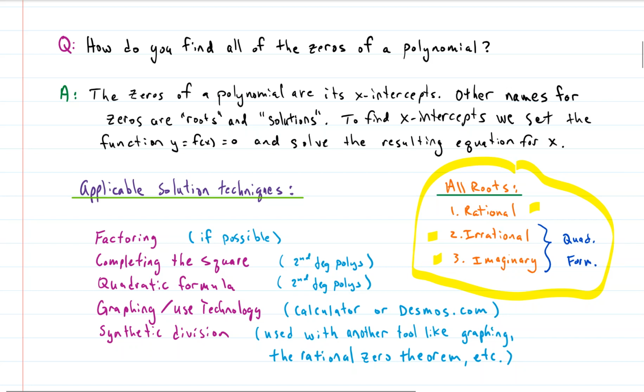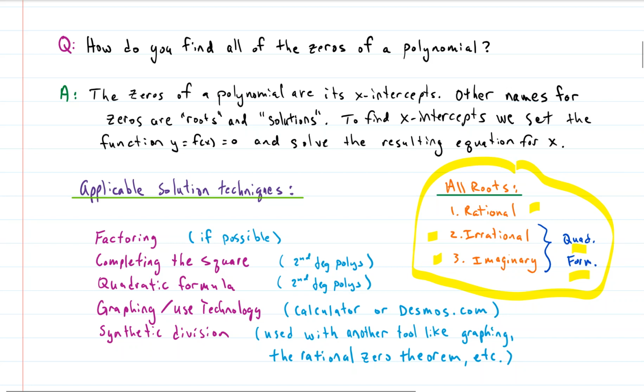If you have more than two roots, then sometimes you'll use other ways to find the rational roots and whittle it down to the ones that are hard to find, and then we often use the quadratic formula to find those remaining two roots, whether they're irrational or imaginary.